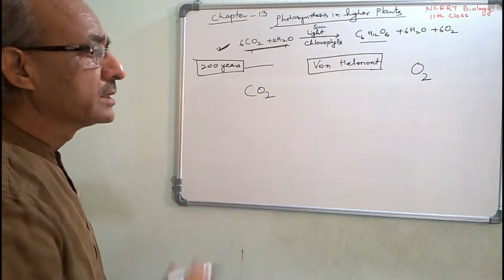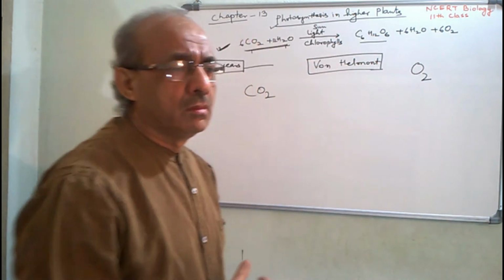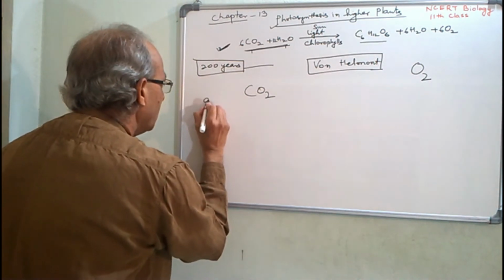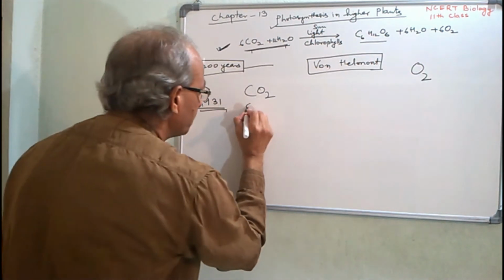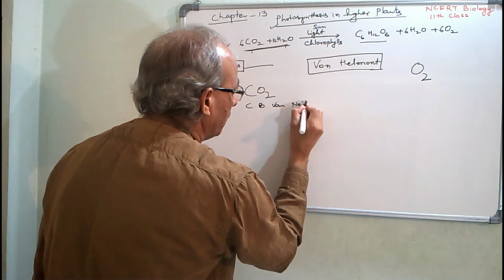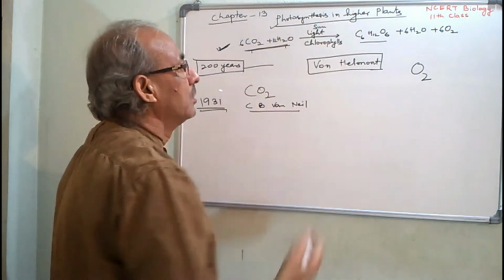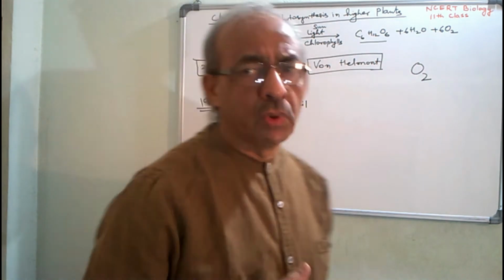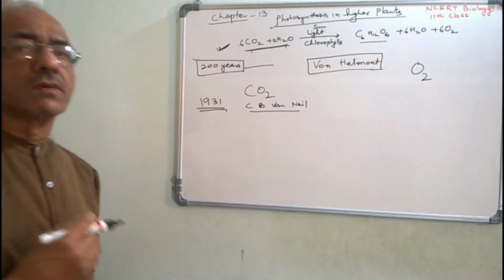And after a long period of experiments and discoveries, ultimately in 1931, there was a scientist, C.B. Van Niel, who formulated the empirical formula of photosynthesis by doing certain experiments with sulfur bacteria.